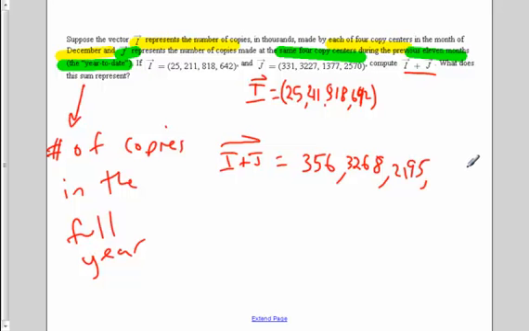So we have 2, 1, carry the 1. So that means 356 copies at the first copy center, 3,268 at the second, 2,195 at the third, and 3,212 at the fourth. And that's telling us the number of copies in the full year.